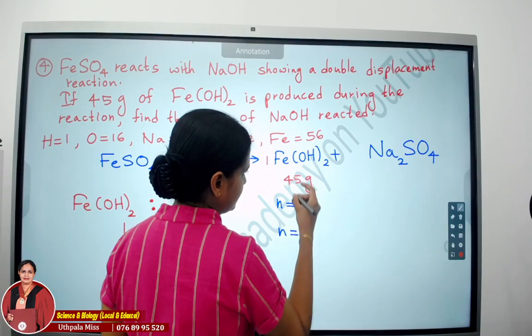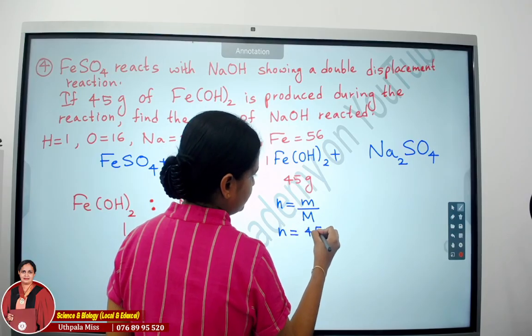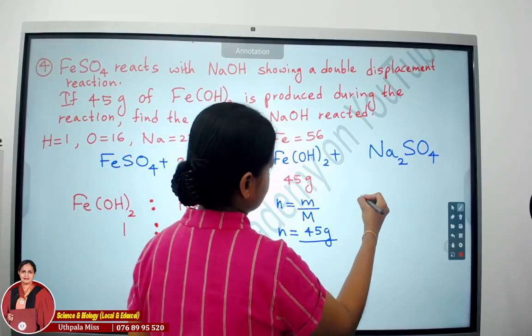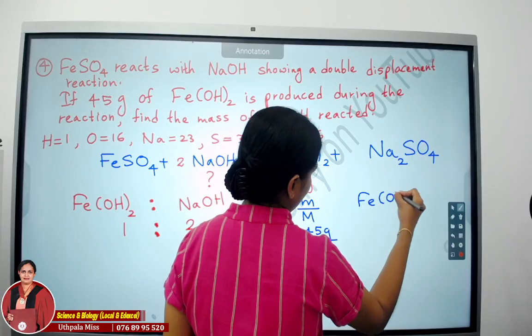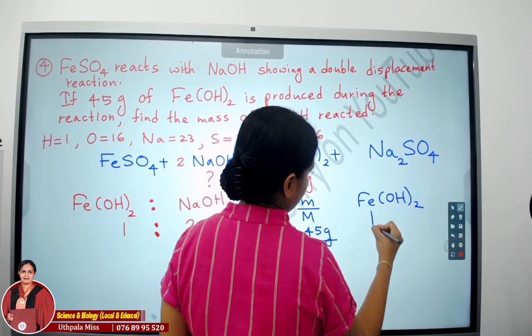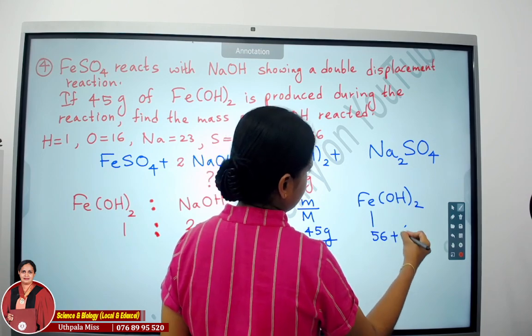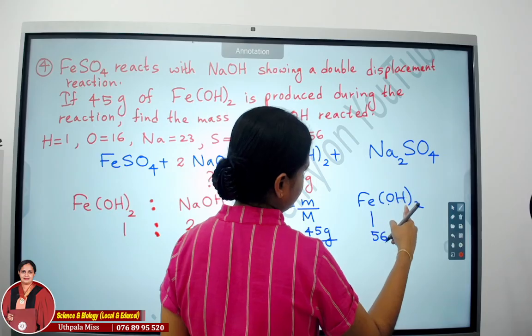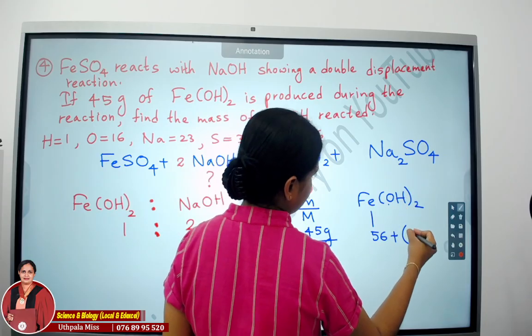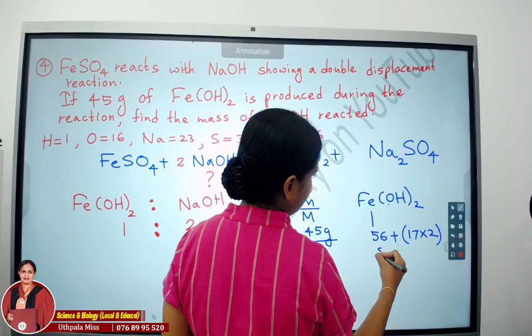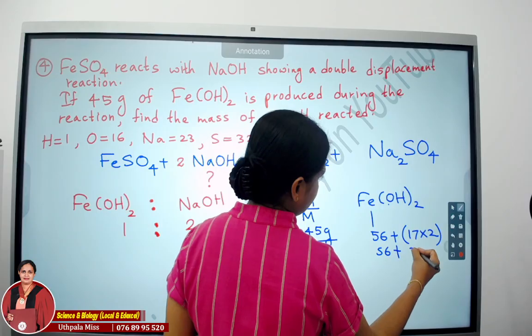Number of moles equals mass is 45 grams. FeOH twice. What is the molar mass? Iron is 56 plus oxygen is 16, hydrogen is 1. 16 plus 1 is 17 into 2, OH twice ne. So 56 plus 34.